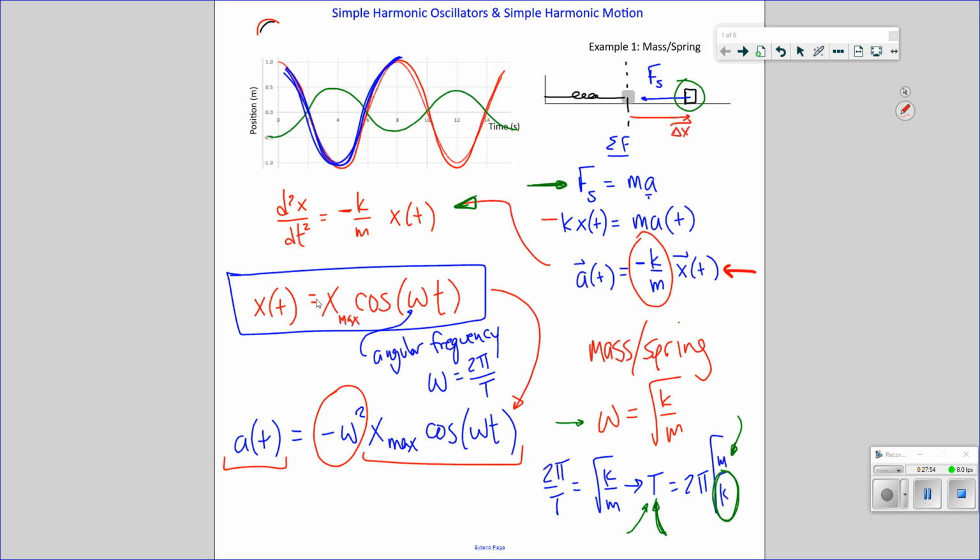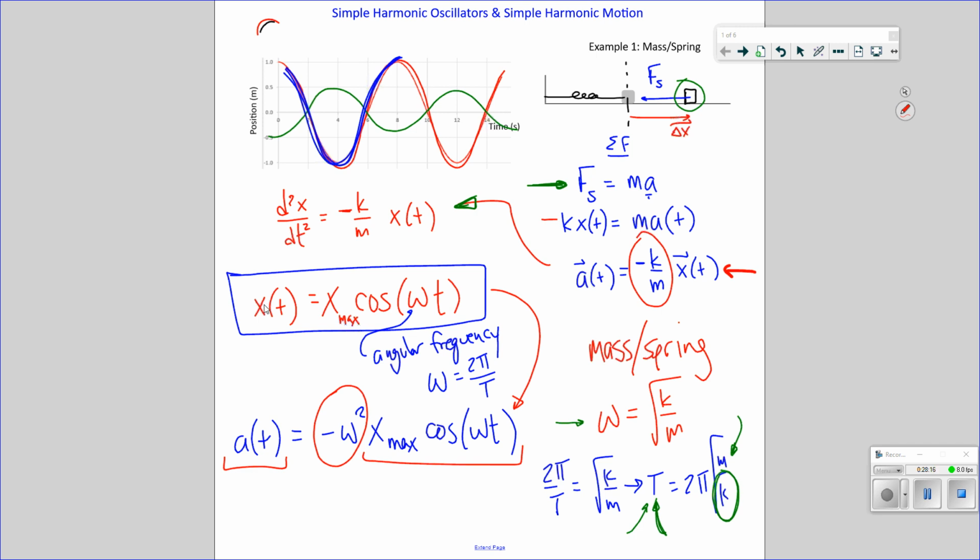Here's the solution. This is the rule for what x must be as a function of time, in this case a linear position of an object. The same thing holds for the angular position of a pendulum, because a pendulum is a simple harmonic oscillator, provided that it undergoes only small amplitude oscillations.